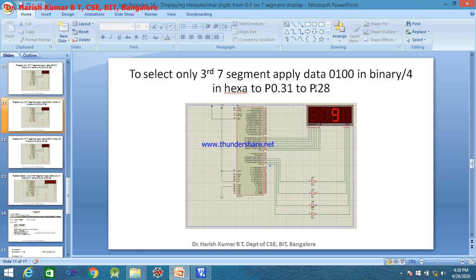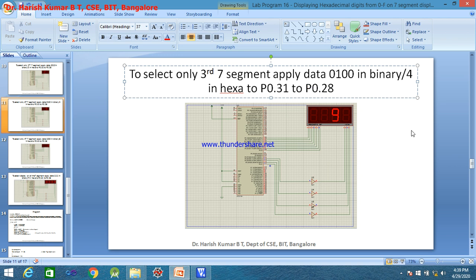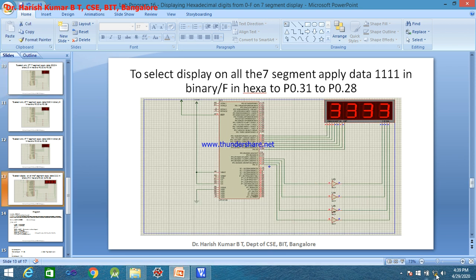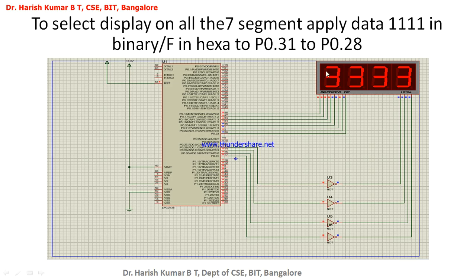Now if you want to display the data on all the 7 segment displays, the data that you should be outing is 1111. If I want to select all the 7 segment displays and I'm not using the NOT gates, then you have to directly send 0000 instead of 1111.